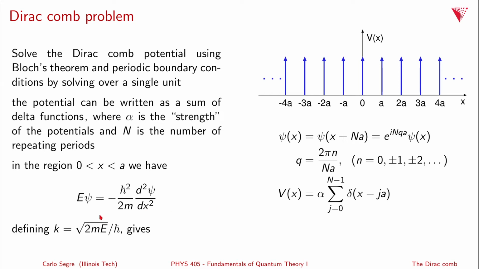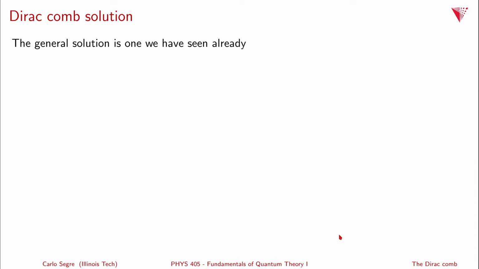If we define the usual wave number k is equal to the square root of 2mE over h bar, we get a simplified equation, which is d squared psi dx squared is equal to minus k squared psi. Well, we know how to solve that. It's a combination of sines and cosines. So in the range from 0 to a, psi of x is equal to A times sine of kx plus B times cosine of kx.